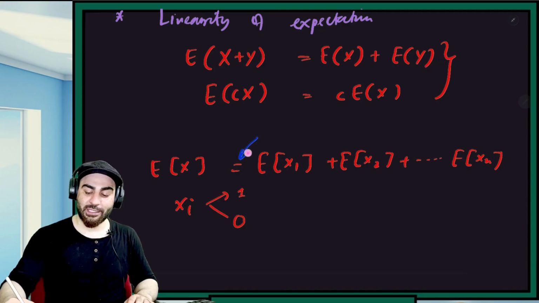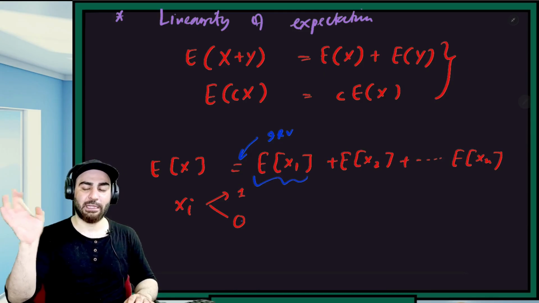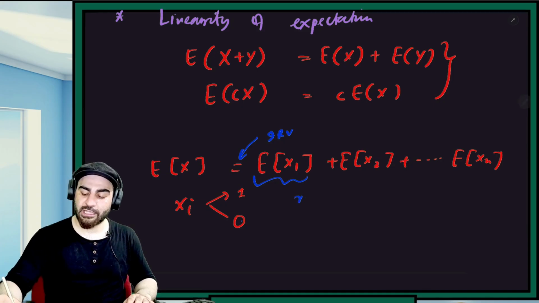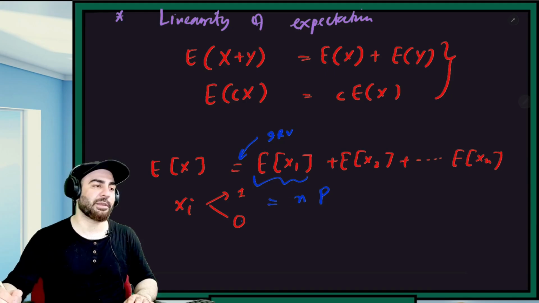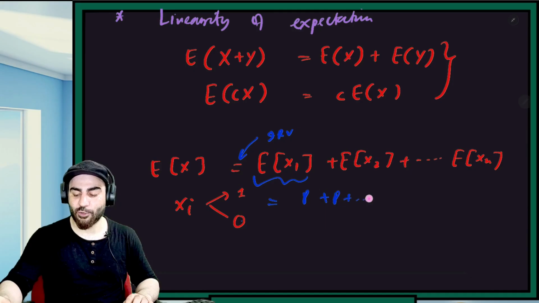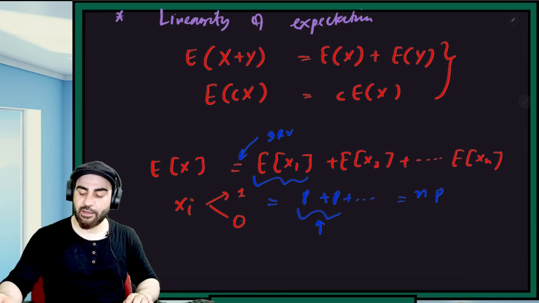So from here, this is equal to p if it's a success with probability p, or q if it's a failure. I have n events, and all of these have probability p by the fundamental bridge, so each of these is p plus p plus p and so on. You can clearly see this is np.